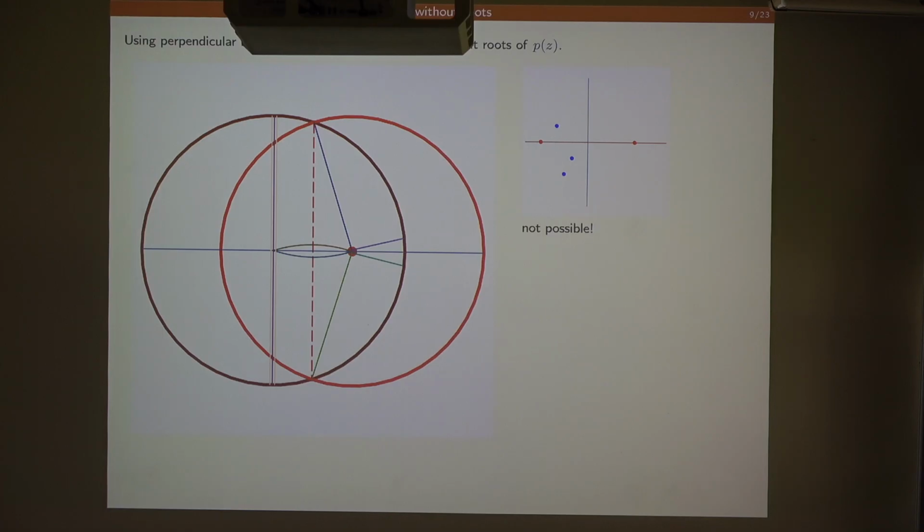Later I explain this, and I will give some estimate on the radius of this disk.